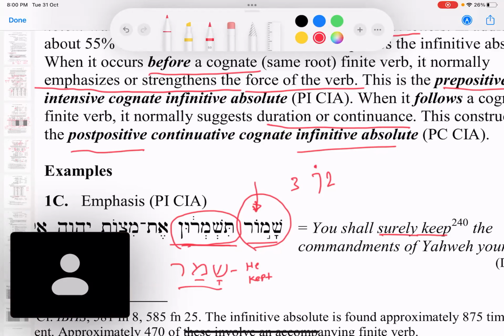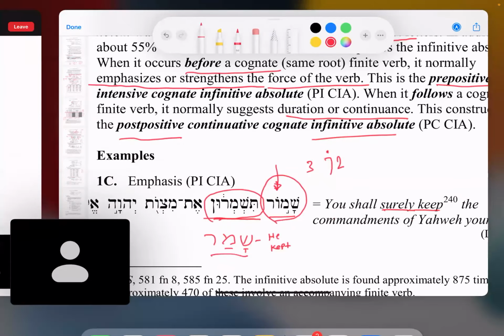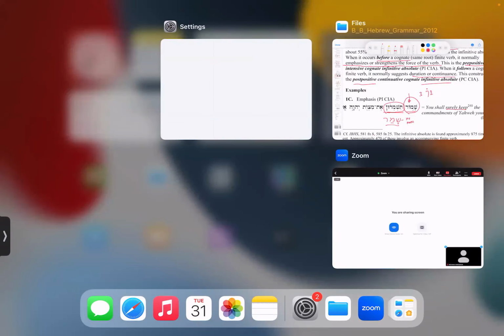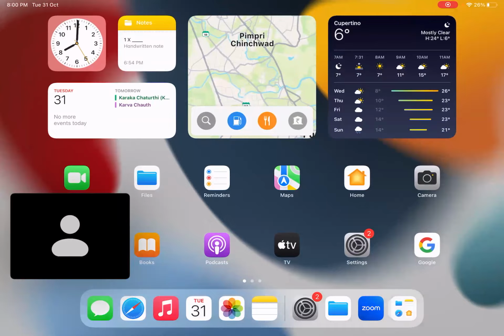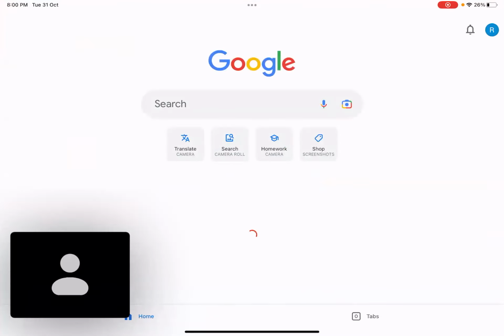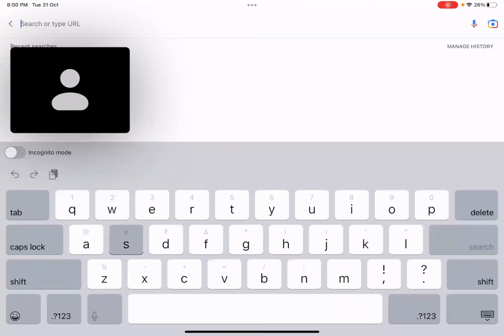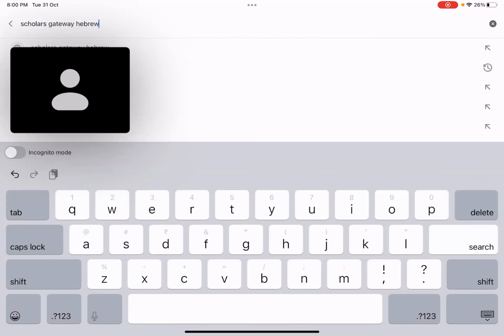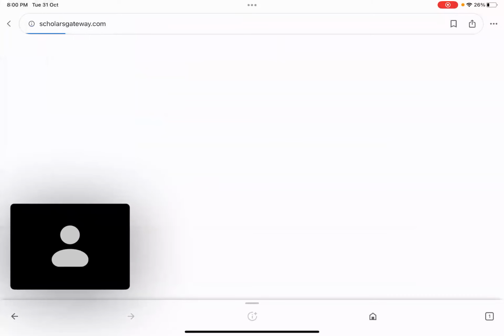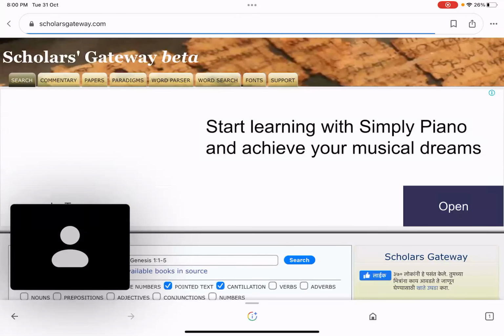Actually, I'm using an iPad here and not a laptop. Otherwise, I would have shown you. I will try. Are you able to see the screen?